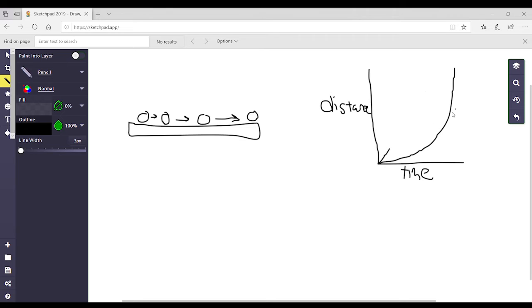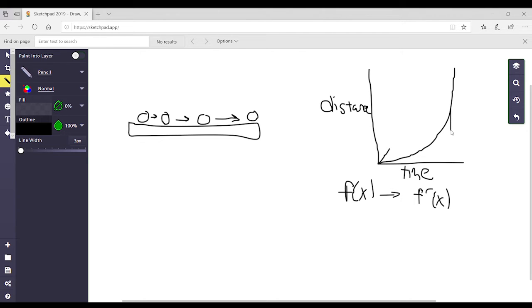So how does this relate to velocity? Well, if you were to take the derivative of this function, so I don't know what this function is, but let's call it f of x, and we were to take the derivative of it, so f prime of x, then that would be our velocity. And why?